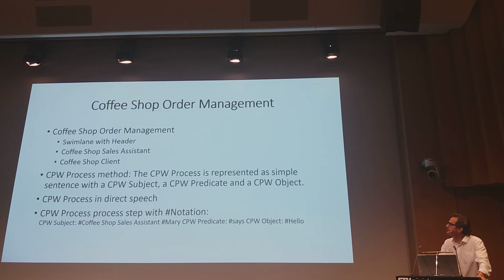So again, we have here the end-to-end process of the coffee shop order management. We have in the header the swim lanes: coffee shop sales assistant, coffee shop client. Then we have the major principle of the CPW process method: a CPW process step is represented as a simple sentence with a CPW subject, a CPW predicate, and a CPW object, and it is represented in direct speech.